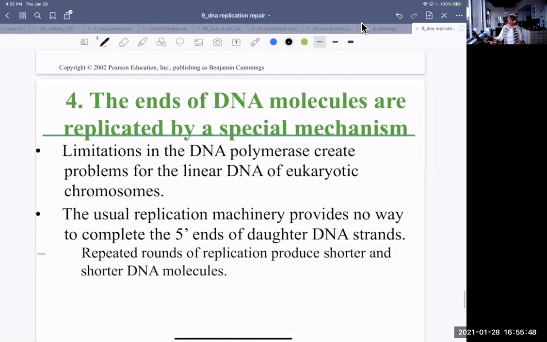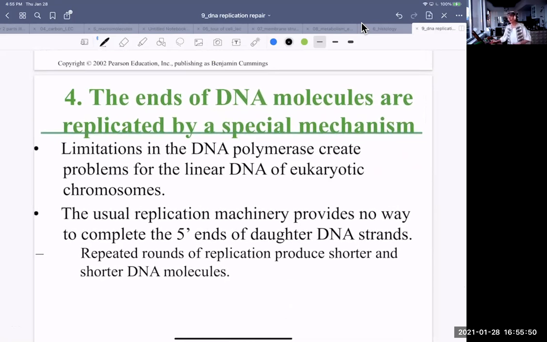So you're probably wondering, what happens when the replicating machinery, the polymerases, get to the end of the DNA? On one end, you're left with a 5' just hanging there. You can't actually add anything new on there. So there's no way to complete the 5' ends of daughter DNA strands.